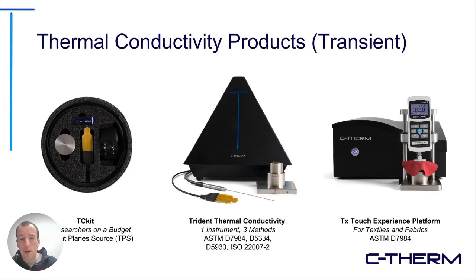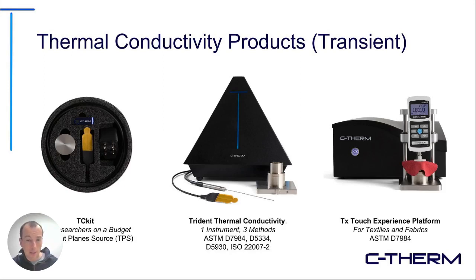In the middle, you see our core product, Trident. It's going to be the product that's featured most in today's work. This is a research grade instrument. It's a very powerful capability. It brings together the three most prominent methods in terms of transient techniques for measuring conductivity.